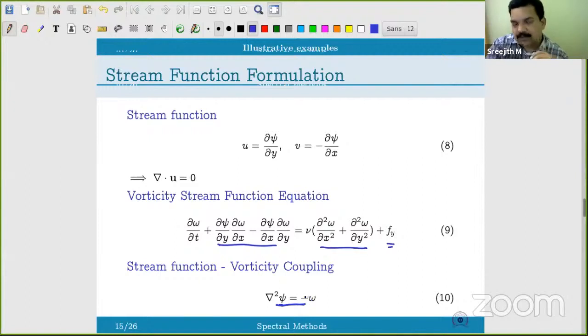So the coupling between stream function and vorticity is achieved through this Poisson equation: ∇²ψ = −ω. So you have to solve these 2 equations: the vorticity transport equation and the Poisson equation connecting ψ and ω.